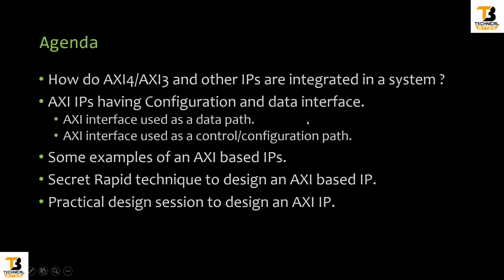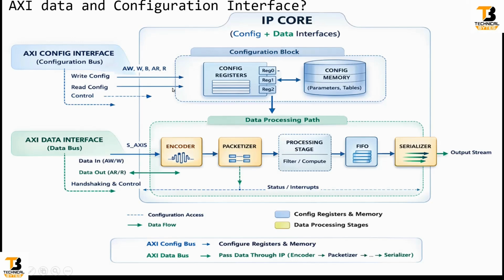Now data is the actual data which is applied to the data input port, and it goes through the IP, reaches the output of the IP, and is applied to the outside world or to another IP. Friends, here I have taken an example of a configuration interface and a data interface.